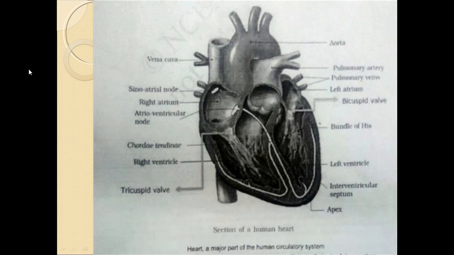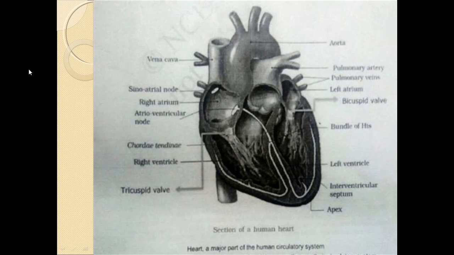Here you can see the structure of heart. Heart is a muscular organ located in the chest cavity between the lungs. It has 4 chambers.